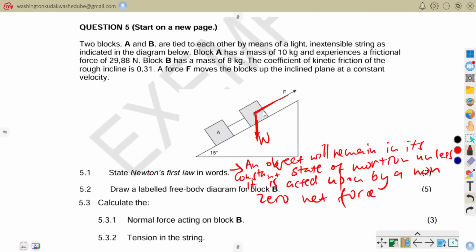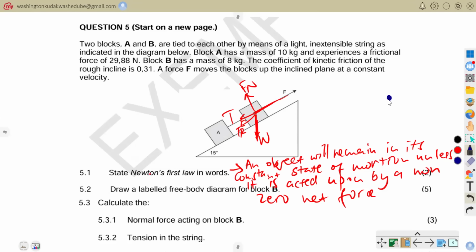Frictional force. After having frictional force, we are also going to have a balancing normal force there. So here they gave us 5 marks. We are supposed to have five what? 5 forces. I have got 1, 2, 3, 4, and 5. So my free body diagram would actually look like this.